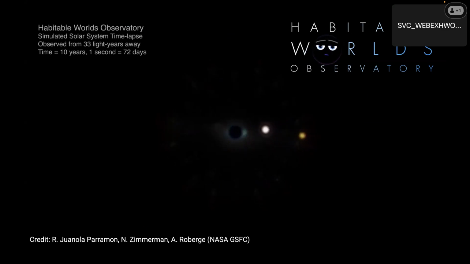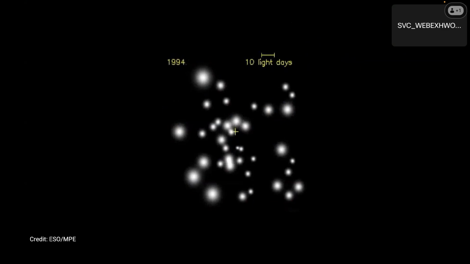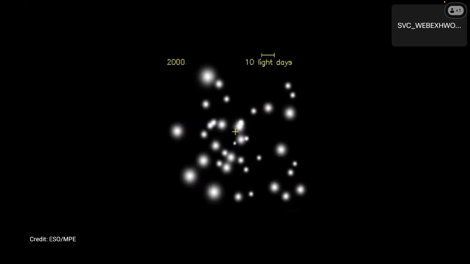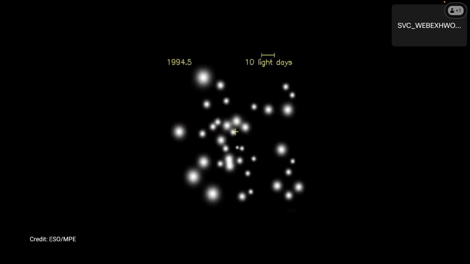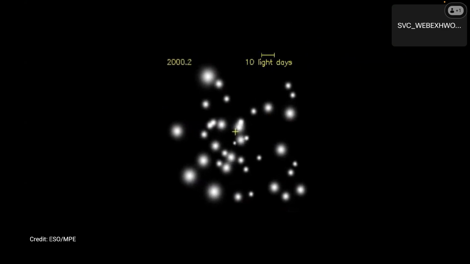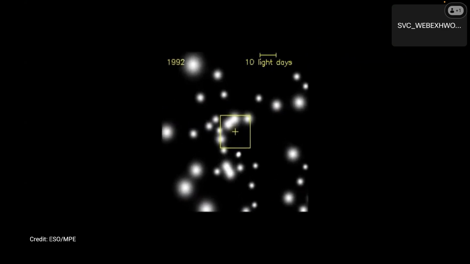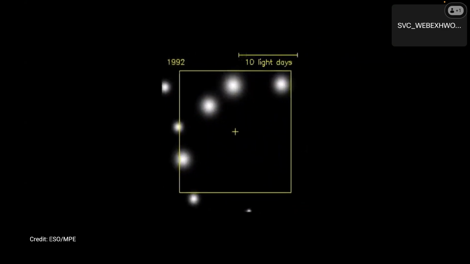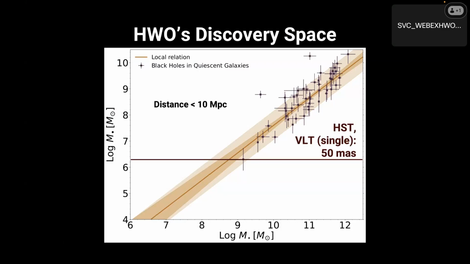So why is HWO so special about this? Of course, because of its angular resolution. HWO is able to detect, as we've seen many times during this conference, single planets in solar systems at a distance of several tens of light years. If you think about this, it is very similar to seeing the movement of single stars around a dark object. This is basically how the black hole at the center of the Milky Way, Sagittarius A star, was confirmed to be a supermassive black hole.